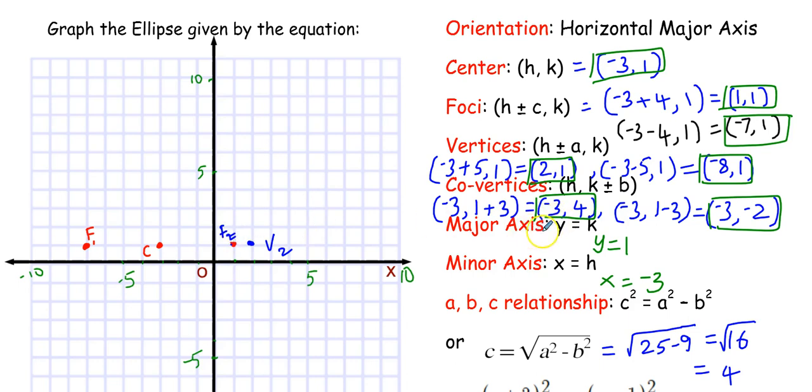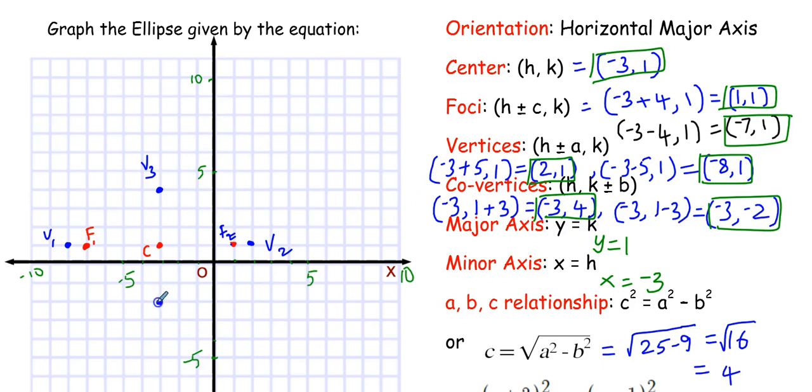And then you have the next one, negative 8, 1. So negative 8 comma 1, that's vertex 1, and the co-vertex is negative 3 comma 4. Negative 3 comma 4, 1, 2, 3, 4. This is, I'll call, vertex 3, and the last one is negative 3 and negative 2.